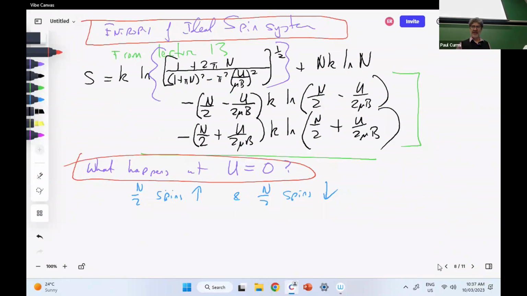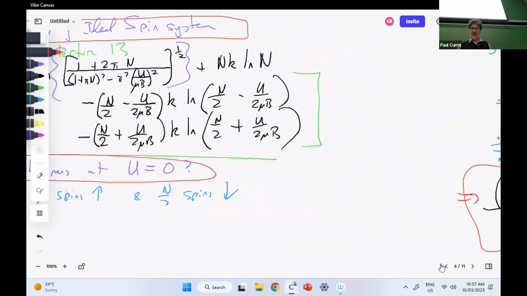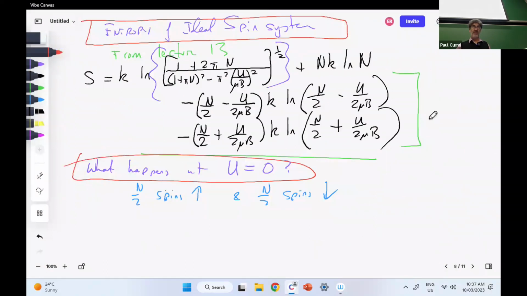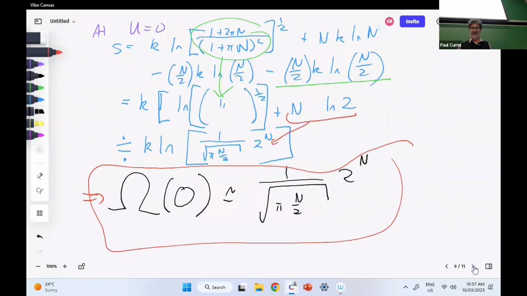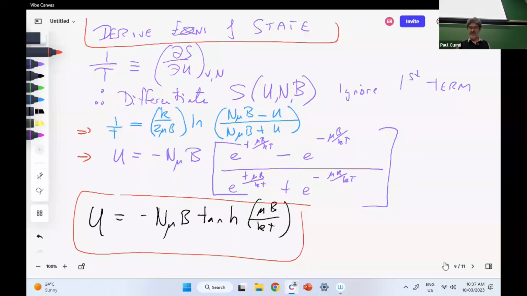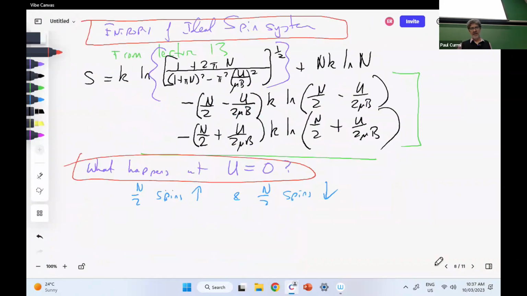It's basically coming from the green stuff. Those two terms dominate, and I'm differentiating with respect to U, so the N k log N does nothing. The properties are based on those in the green bracket when I do the derivative. That's where that function has come from. Honestly, I haven't thought about magnetism for a long time. I think the first term is small compared to those two terms, so it has just fallen out.